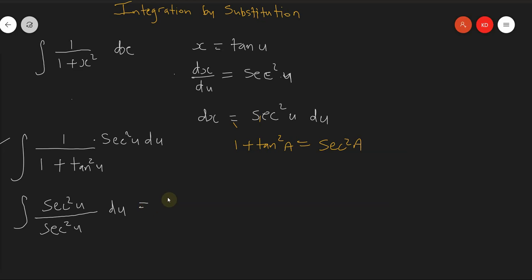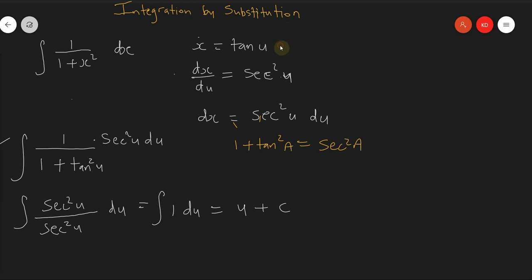So that's simply the integral of 1 with respect to u. Therefore, that's just equal to u plus c, right? And based on our substitution up here, we let x equal to tan u.